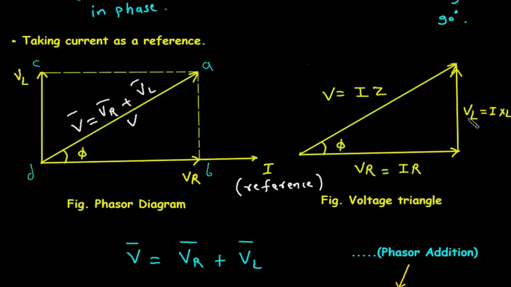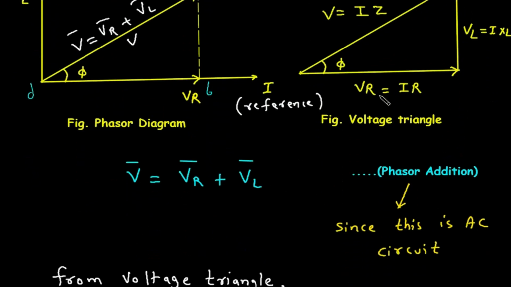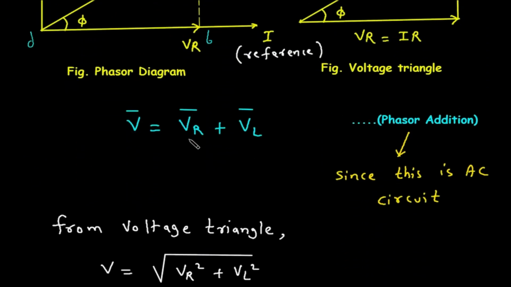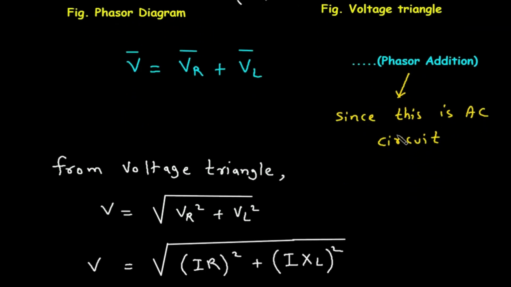So here this is VL and VL is equal to I into XL. And this is V. This applied voltage V is equal to I into Z. This Z is the impedance. V is equal to VR plus VL. This is a phasor addition, since this is an AC circuit.